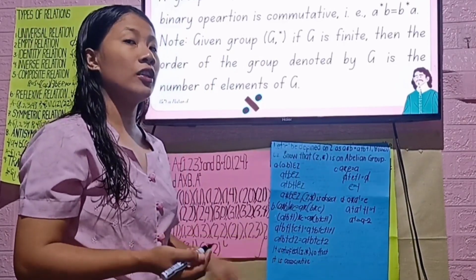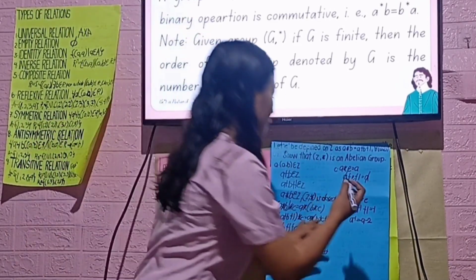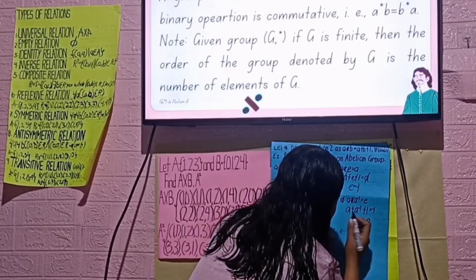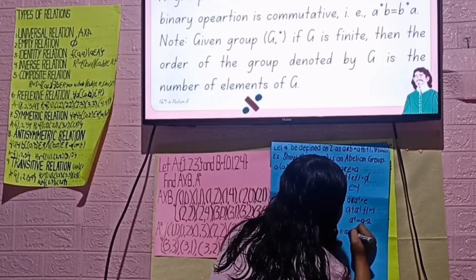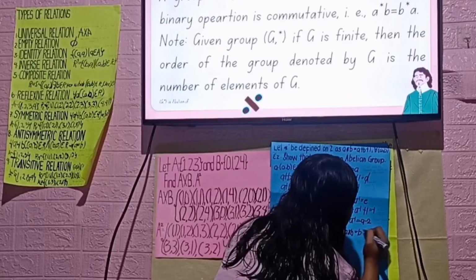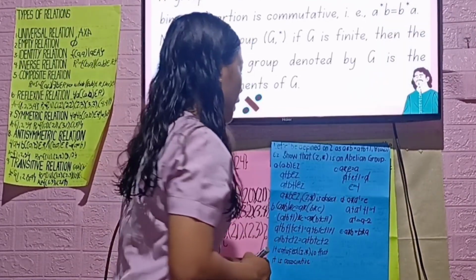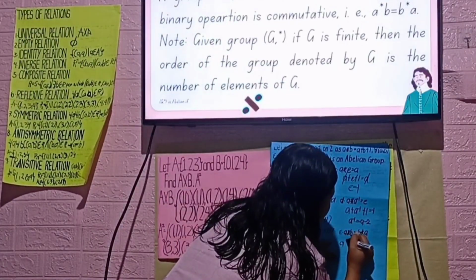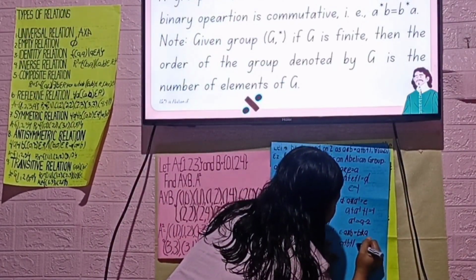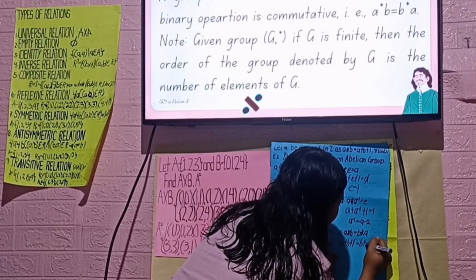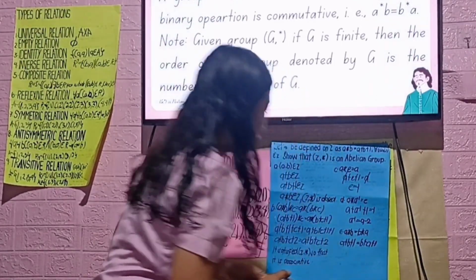Now, let's proceed to our commutative property. A star B is equal to B star A. It is just a formality. A plus B plus 1 is equal to B plus A plus 1.